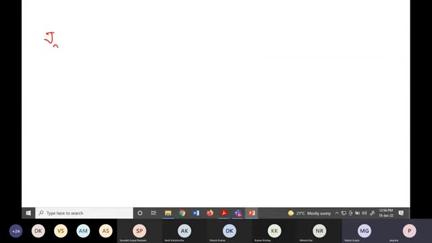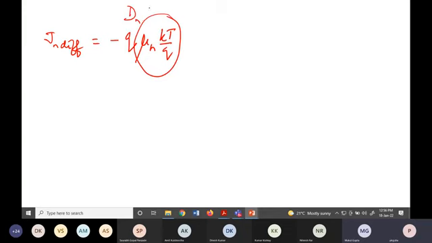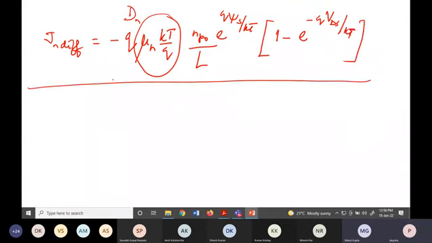So ultimately you will get this, which is nothing but capital D small n, np0. I'm just zipping through this for the sake of time. If you want, you can check from any advanced semiconductor physics book. So this will be like Jn diffusion.